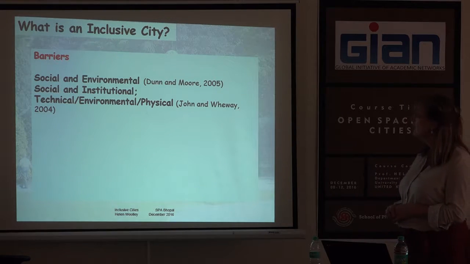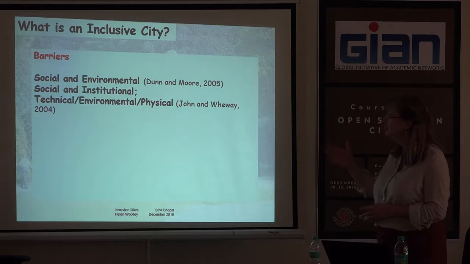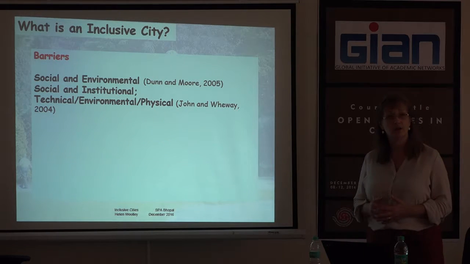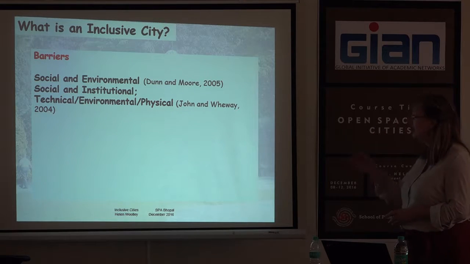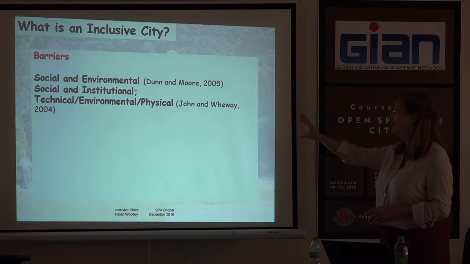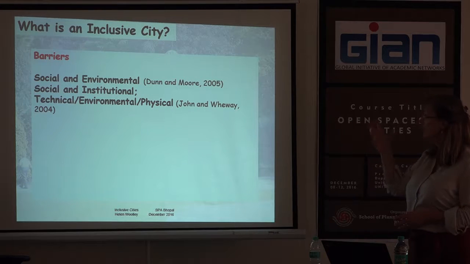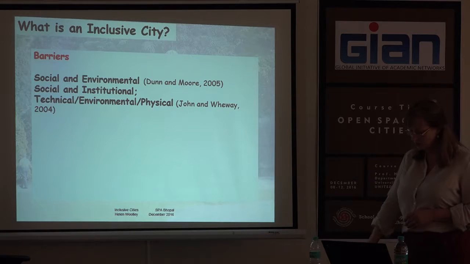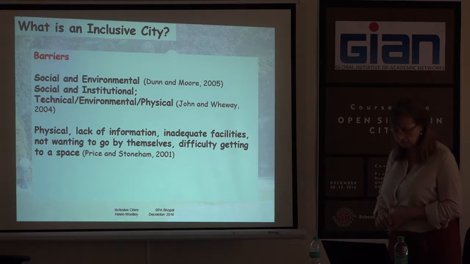There are various pieces of research from our own country that talk about social and environmental barriers, social and institutional barriers, and technical, environmental and physical barriers. I think we might argue whether environmental and physical barriers are different, but this is how these particular people have explained this. The first authors were doing a piece of work for government, and the second were doing an independent piece of research funded by somebody else.